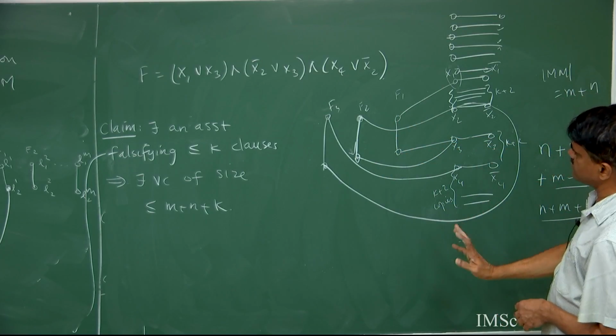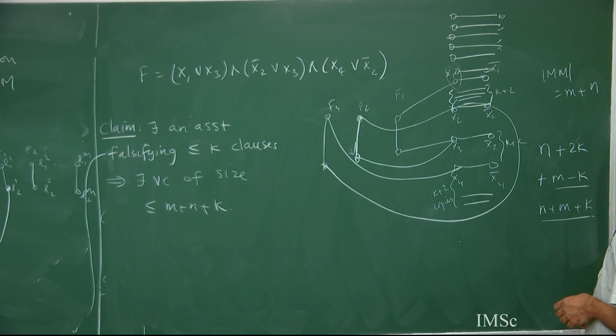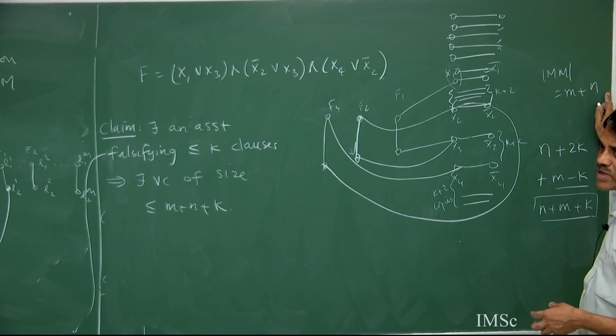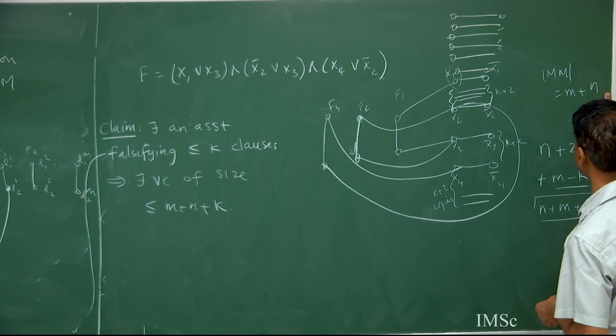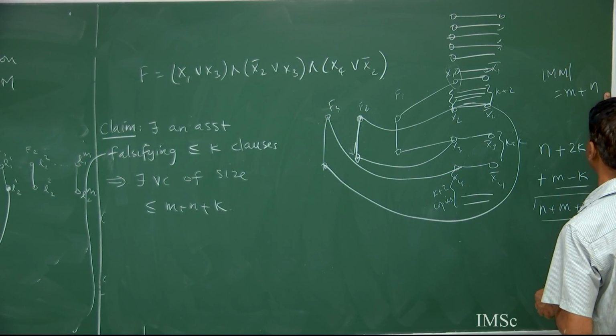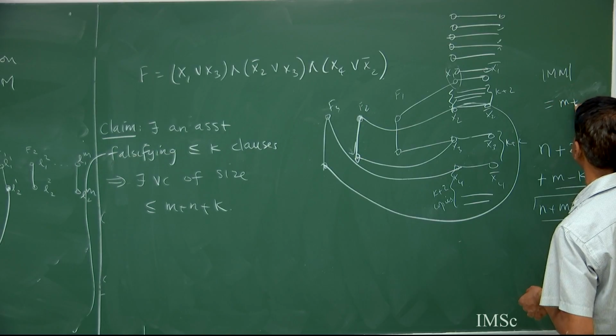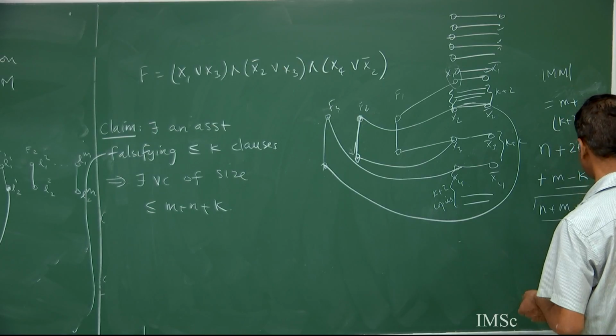Now, for the backward direction, if you have a vertex cover, it is not n plus m anymore. What is it now? The number of matching vertices and the number of vertices would be m plus k plus 2 times n, right. So, that is all it is.